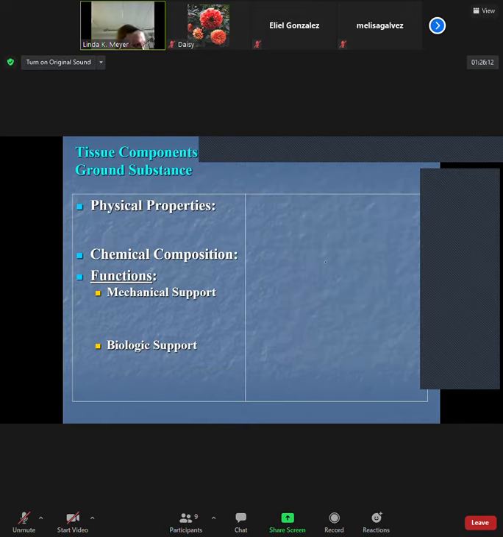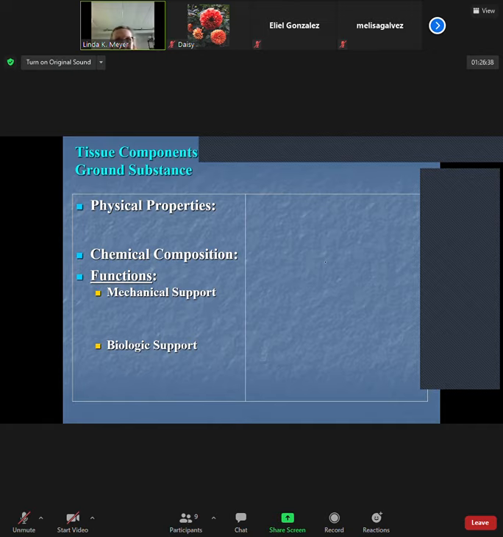Okay, ground substance. This is a good review for the quiz. There's nothing different about ground substance in the PDL compared to just connective tissue proper, including the lamina propria of the gingiva, except there's not a lot of it other than in the interstitial areas.